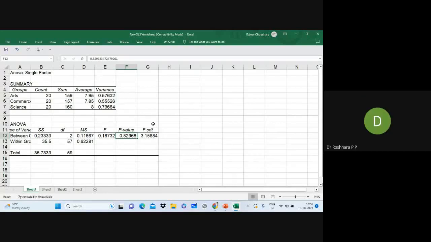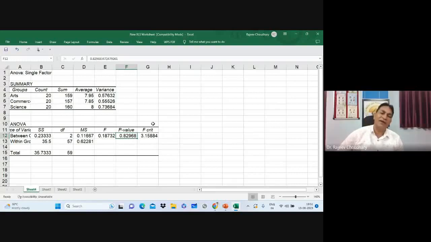Yes, sir. What do we have to look at in the F value? Is there any significance with respect to F value? Yes, please recall my statement, my yesterday's statement. We can conclude in two different ways.